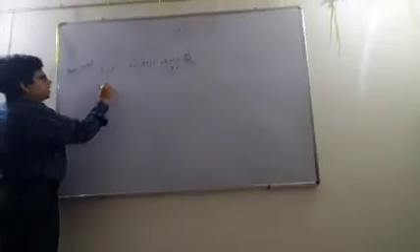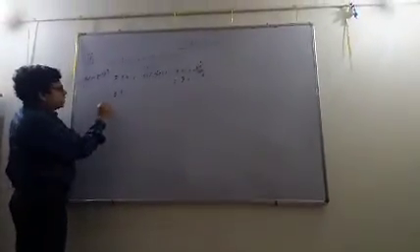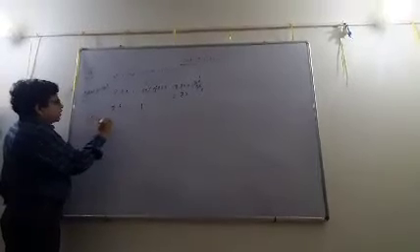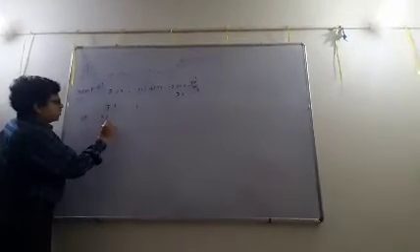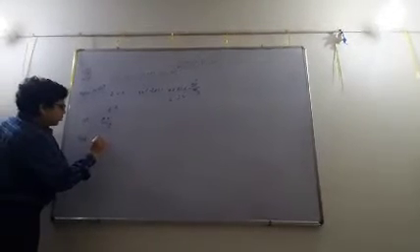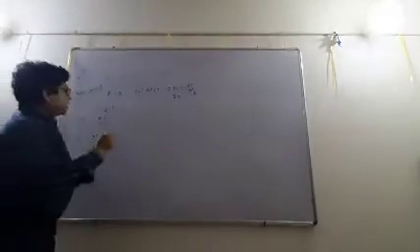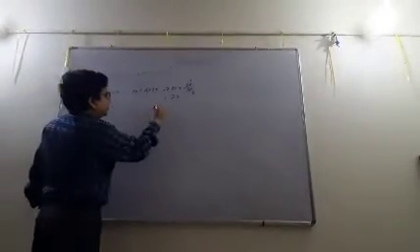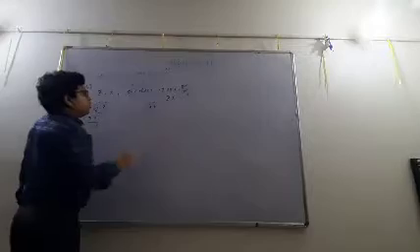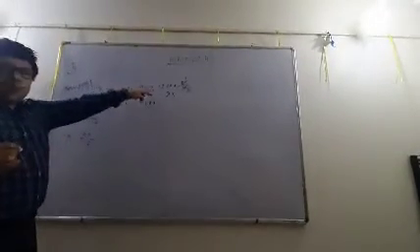So one rupees x will be divided among them equally. So the first friend will get rupees x by 2, the second friend will also get rupees x by 2, and the remaining rupees x will be divided in the ratio of their capital, which is 4 is to 5.